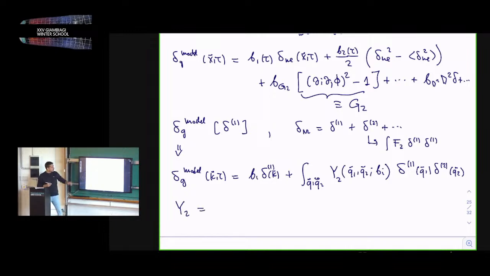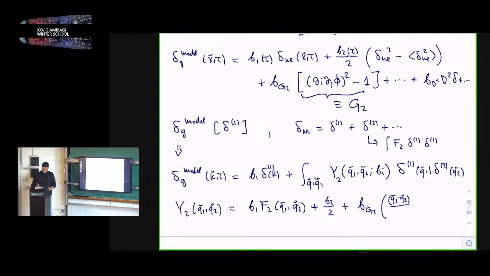Well, first of all, it will have B1 multiplying F2, so B1 times F2, which depends on q1 and q2. And then you're going to have this term here, which is B2 over 2. And then there will be another term coming from here, which is (q1 dot q2)^2 over q1^2 minus 1.